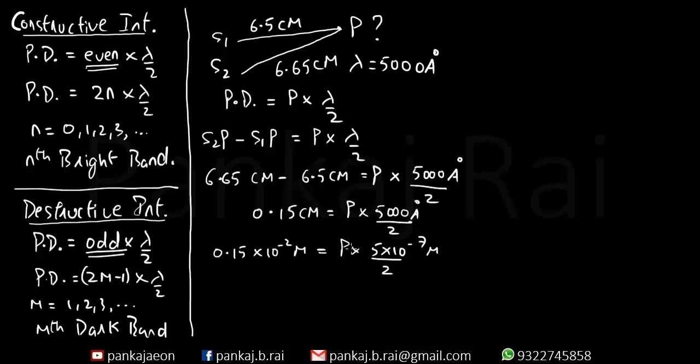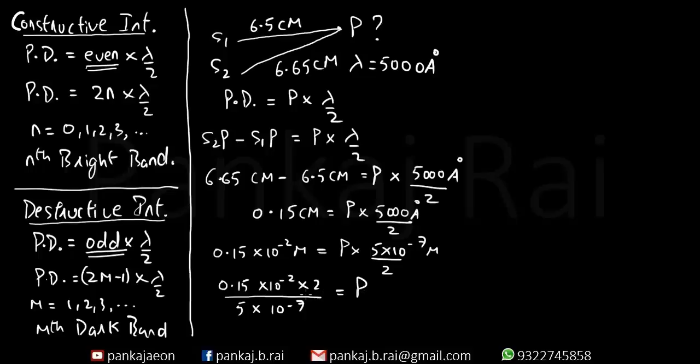Our objective is to find p, so let us take everything over to the left hand side. Here we will have 0.15 into 10 raised to minus 2 multiplied by 2, divided by 5 into 10 raised to minus 7. The meter will also come here and get cancelled, so we will have a pure number.